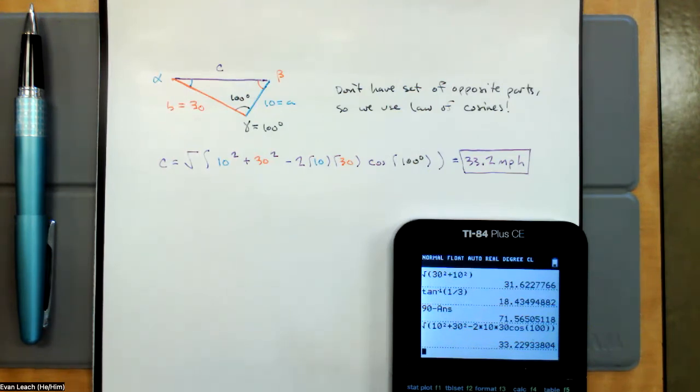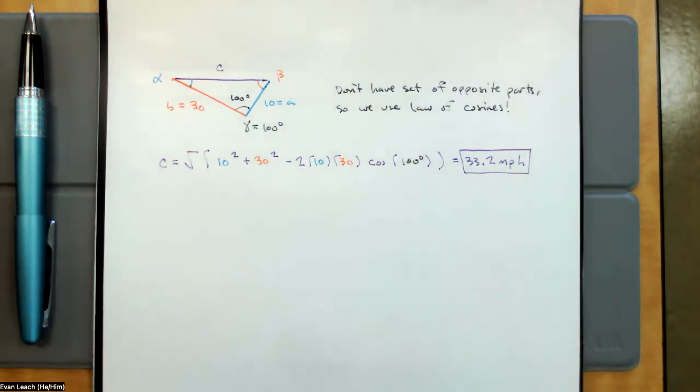The angle that will be involved in the heading would be the angle alpha. So now that we have side C and angle gamma, we could use that information to find angle alpha.